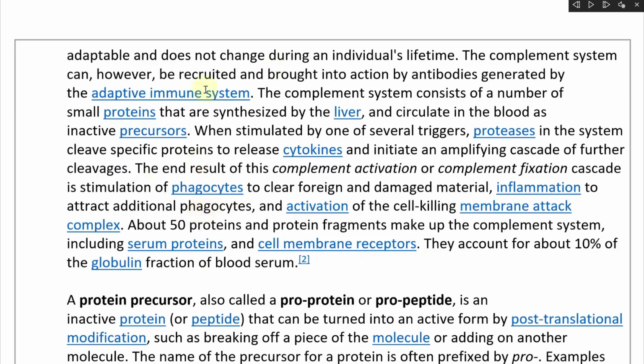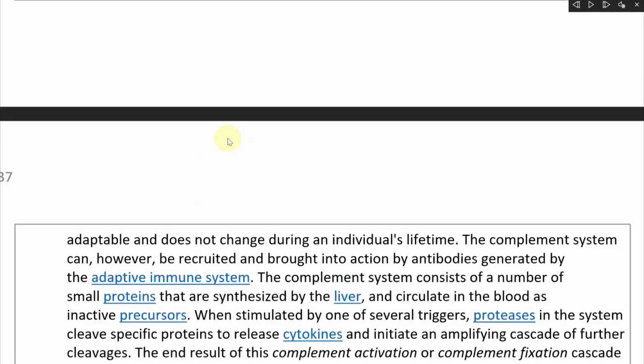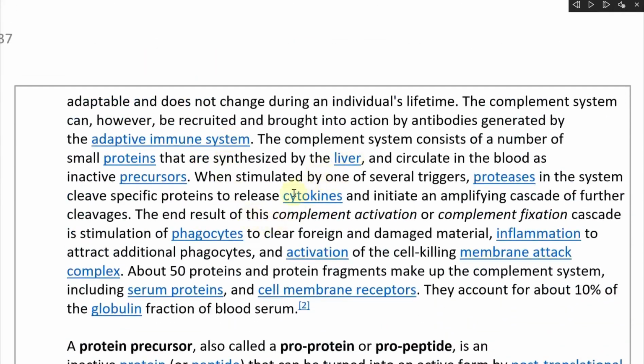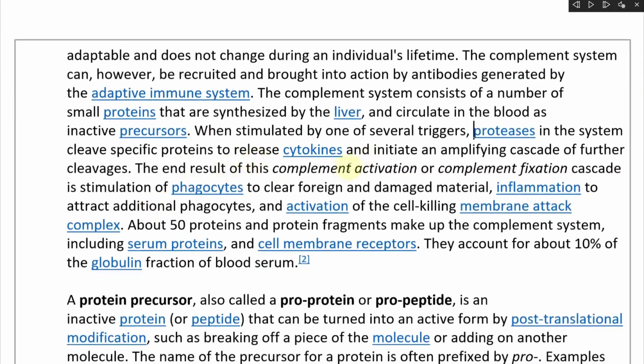Yeah, this is quite a next level system right here of defense. So stimulated by one of several triggers, proteases in the system cleave proteins, and then it releases these cytokines and initiates an amplifying cascade of further cleavages. So basically, this cleaves proteins, releases this, and then initiates even more of these to just cleave the proteins.